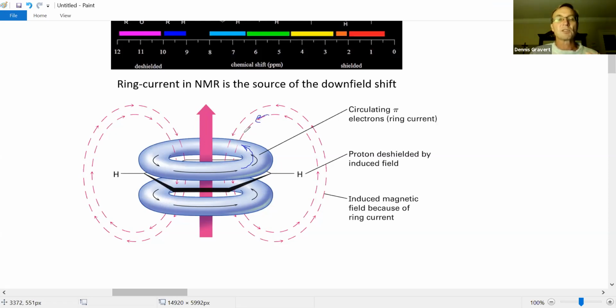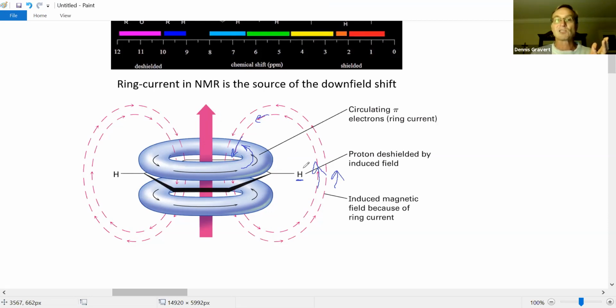The current produces a magnetic field that's down inside the ring, but up outside the ring, which is close to these hydrogens. The field is up out here due to the ring current. This arrow represents the magnet of the NMR instrument, the NMR spectrometer.